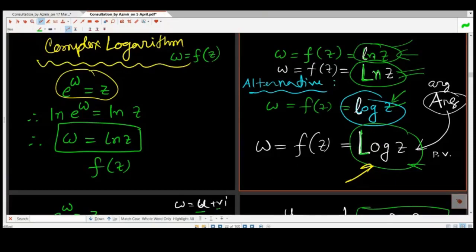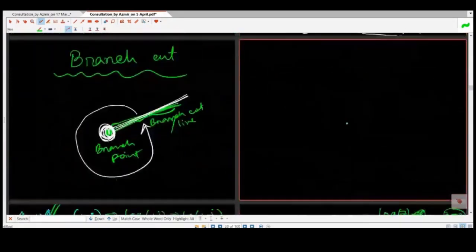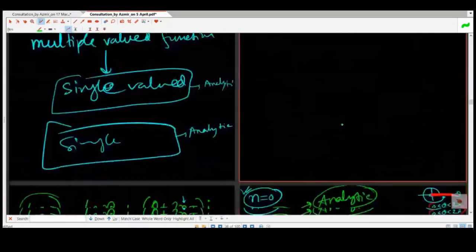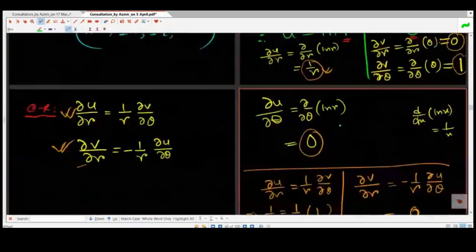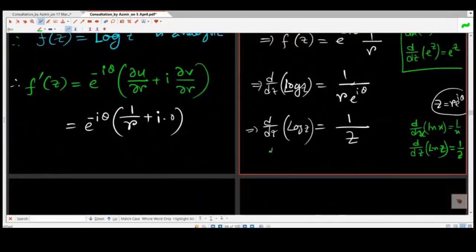Similarly, small ln of z, small log of z. So these are alternative notations. Since we have shown that d/dz of log z is 1 over z, similarly we can write d/dz of natural log of z is 1 over z.